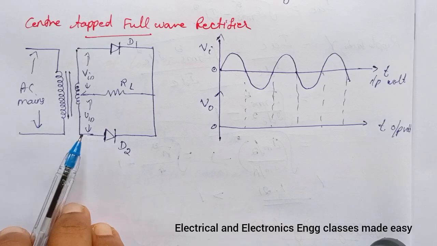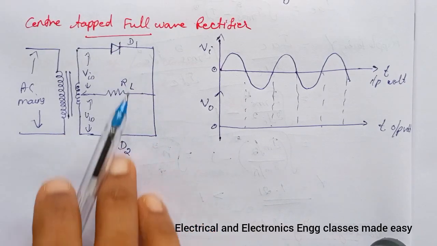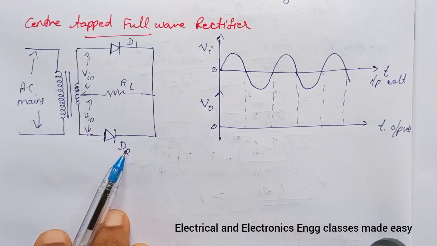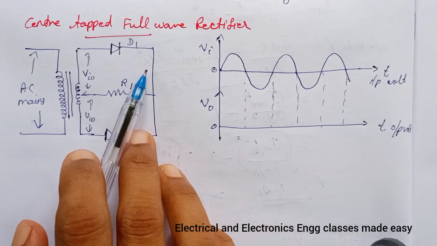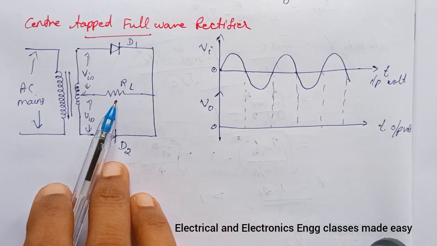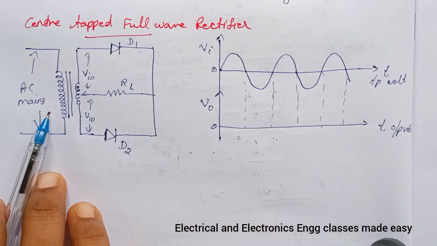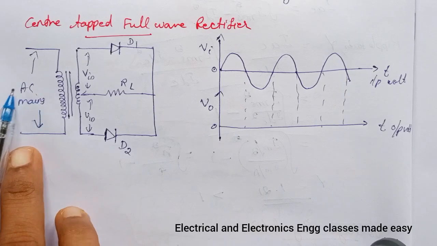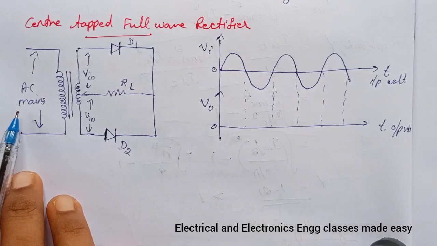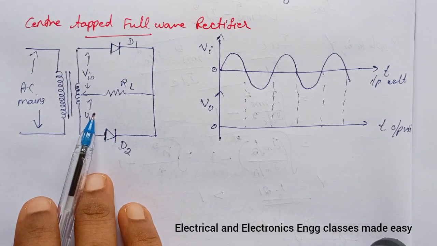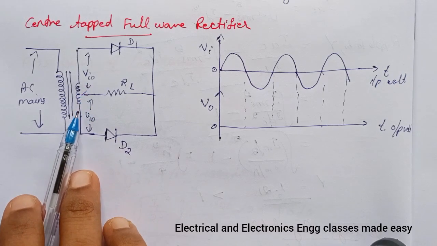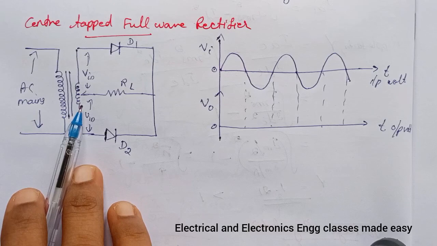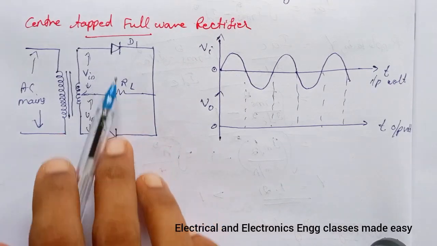It consists of two diodes D1 and D2 connected to the center tapped secondary coil of a transformer and a load resistor RL. The primary coil of the transformer is connected to the AC mains. Notice that only one half of the total secondary voltage is used for each diode.